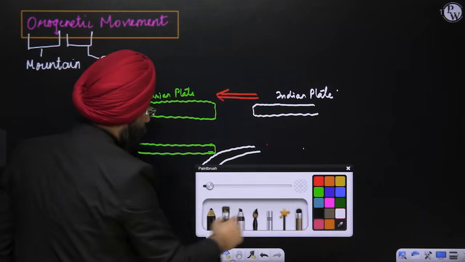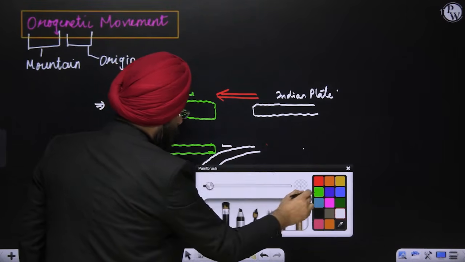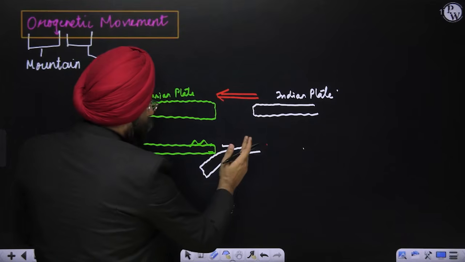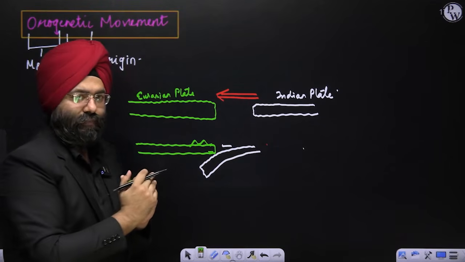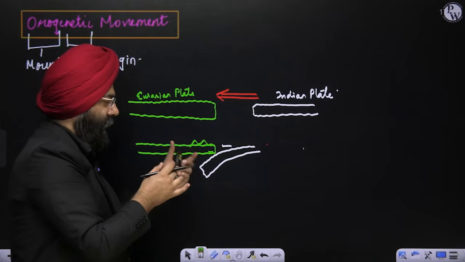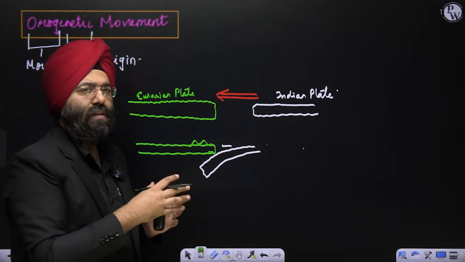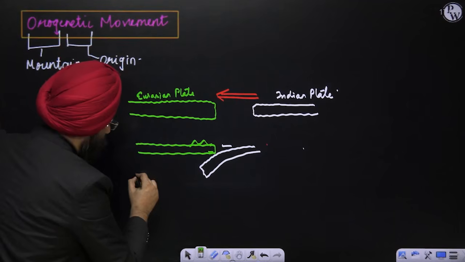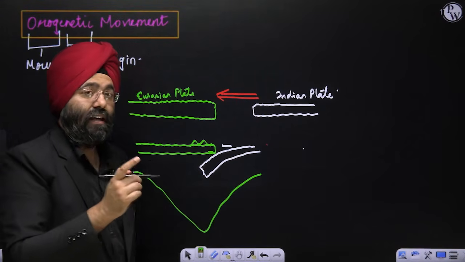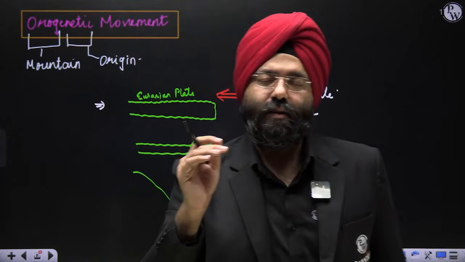Obviously, you realize that there is going to be a lot of force exerted that will lead to this part rising. Why? Because force is being exerted here. Now, the question will come, sir, are there volcanic eruptions or evidences of volcanic eruption present here? You will see minimal. There's a reason behind it, because sometimes when the crust is very deep, you do not very frequently see volcanic eruptions when there is subduction taking place.